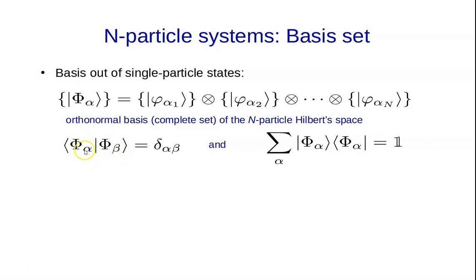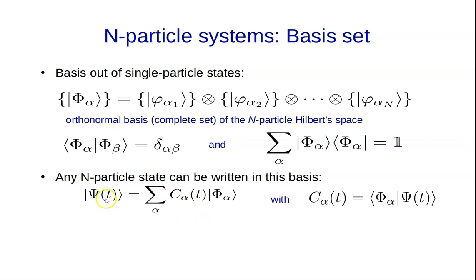And hopefully they are also normalized, right? We're going to see that sometimes this is not enough, especially if you have identical particles, but this is a way to build at least your single particle state or your n-particle state.